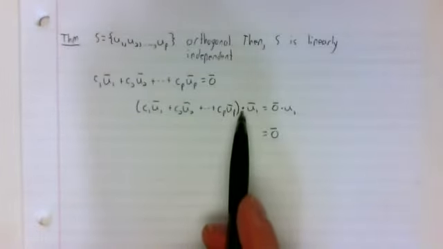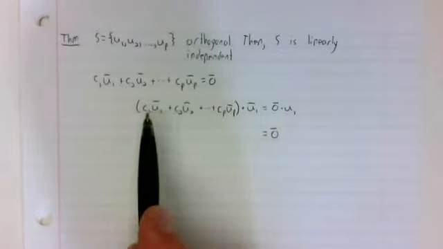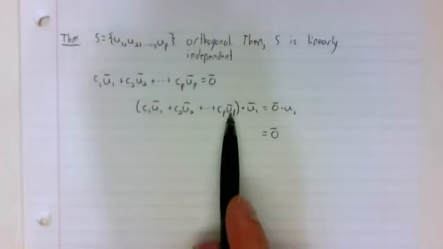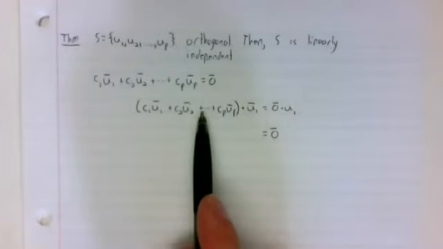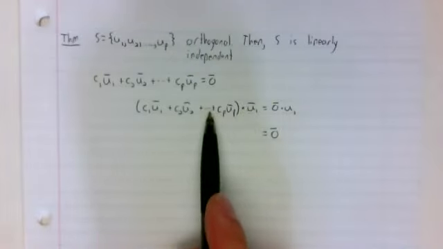Over on the left, this dot product is going to distribute over this addition. And this u sub p dot u1 will be 0. U sub p minus 1 dot u1 will be 0.